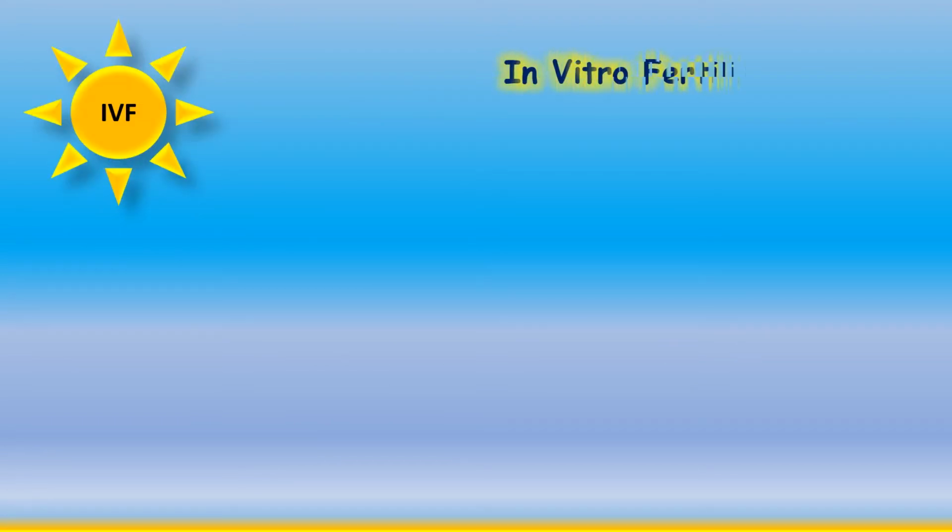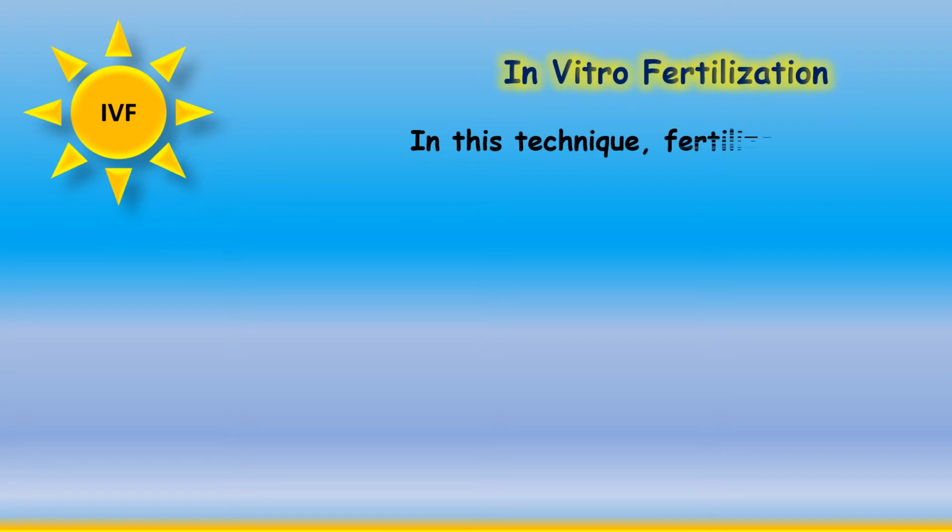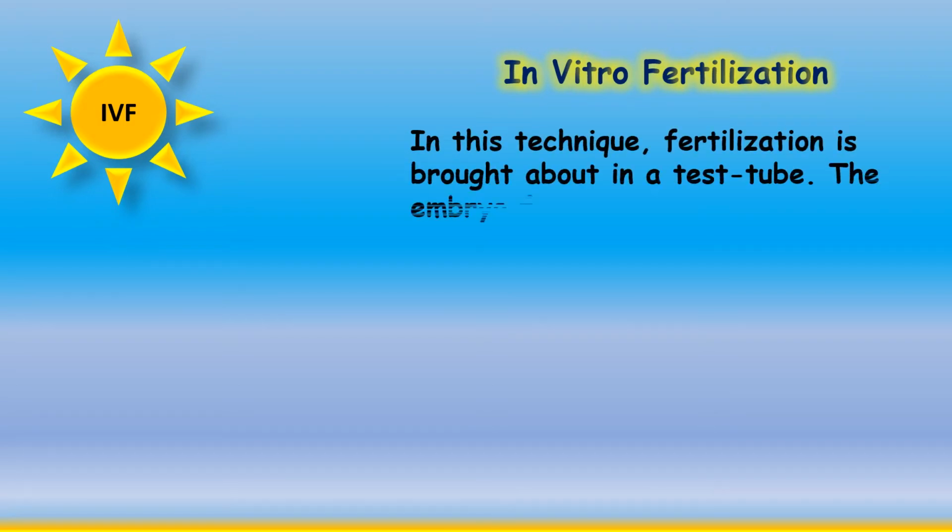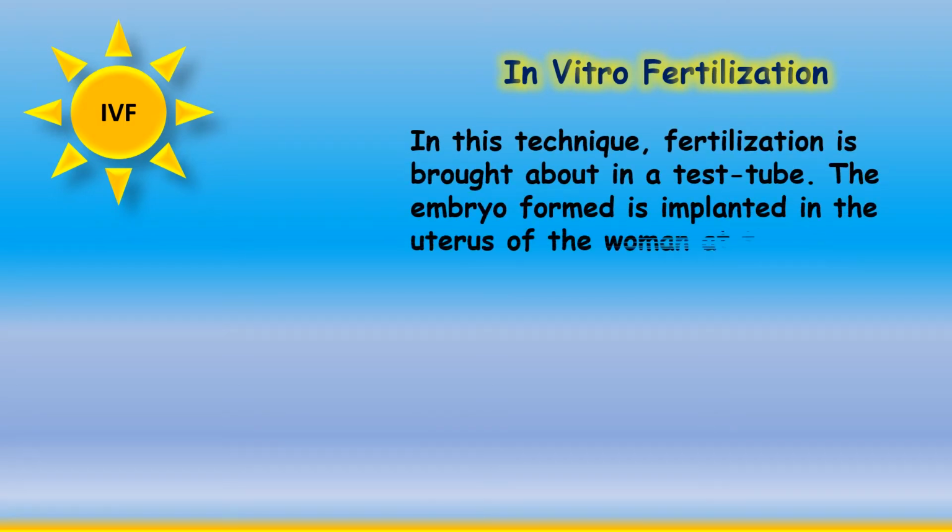IVF or in vitro fertilization. In this technique, fertilization is brought about in a test tube. The embryo formed is implanted in the uterus of the woman at the appropriate time.